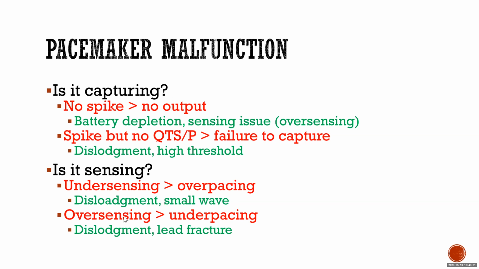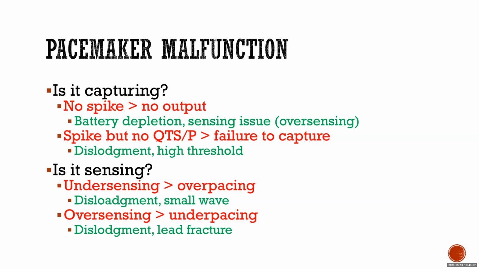Or is it over sensing? It's seeing things that are not there. An example of that, again, is if it dislodges and gets pulled back into the annulus. So now it's seeing the atrium and ventricle.